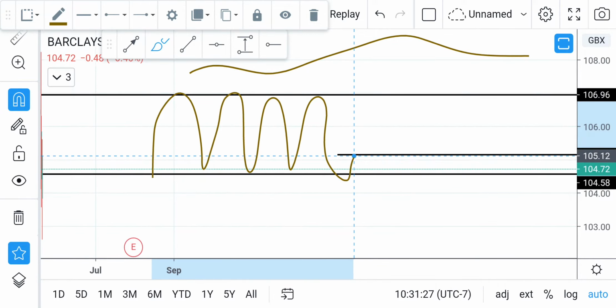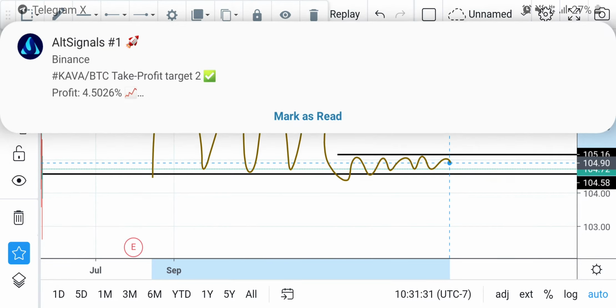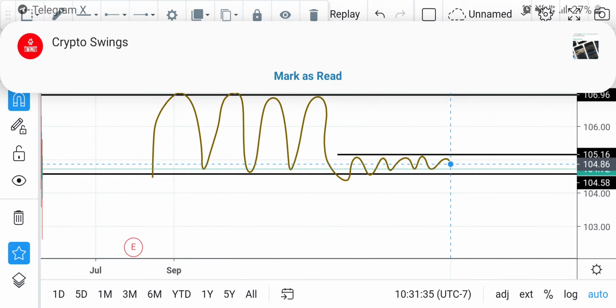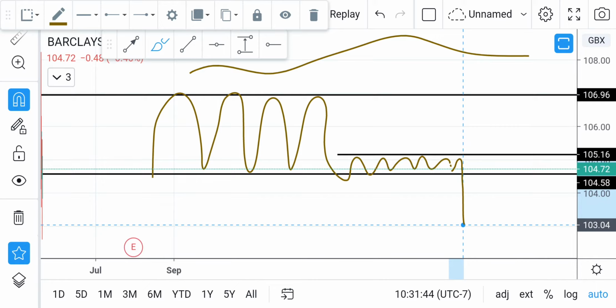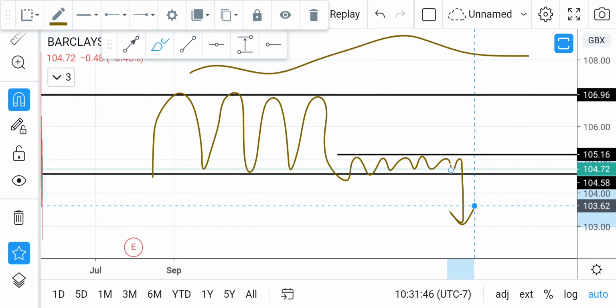Then it starts consolidating over here, showing you that sellers are willing to sell at these lower prices around the support. Then it breaks down. So this contraction that you have over here is called a build-up, and it's very important in trading.